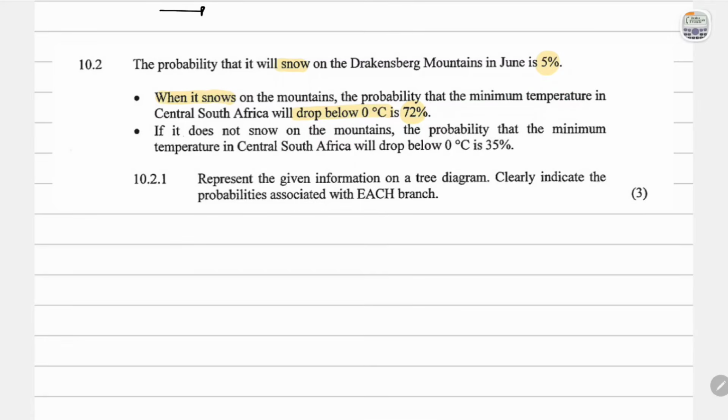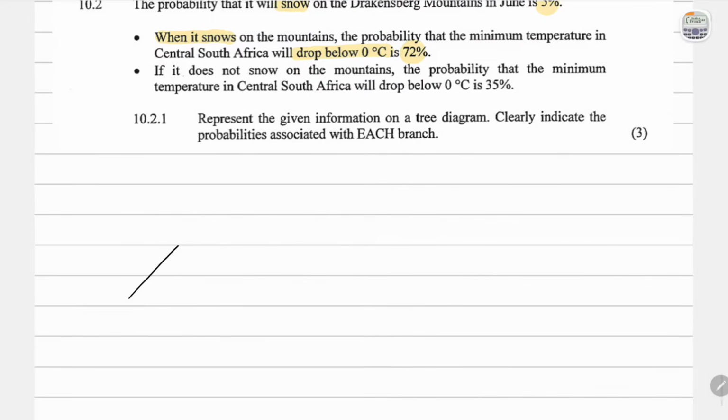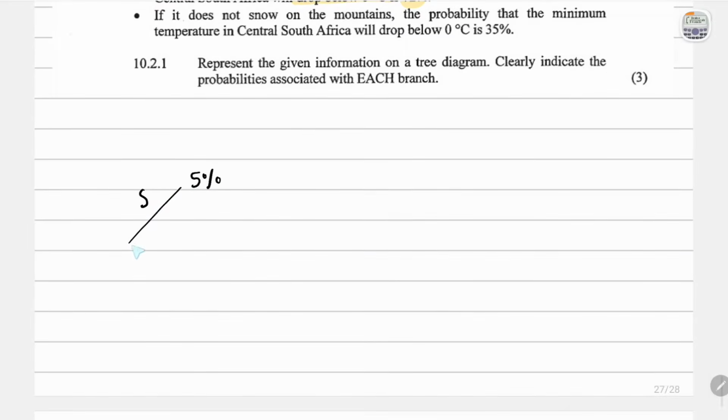So when they're giving us this type of information, if it snows, then this is the percentage. They're showing you that the probability that it will snow is 5%. So you know that the probability that it will not snow will be the difference, which is 95%.